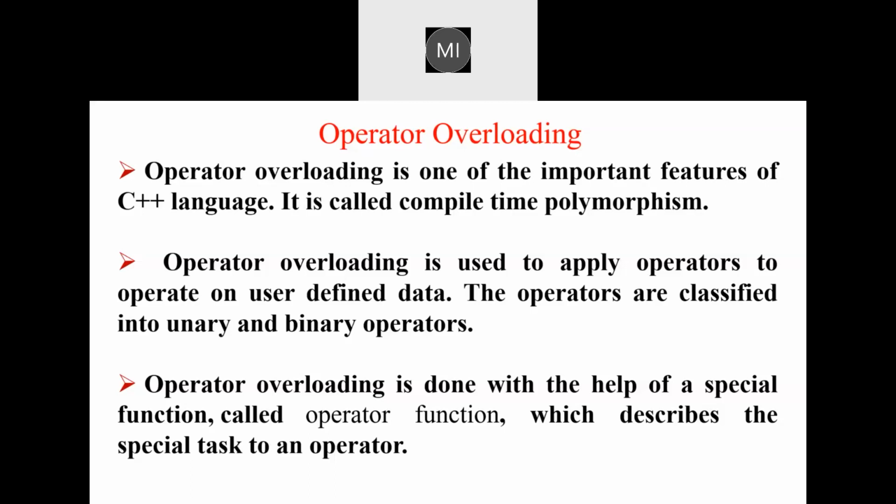But apart from those basic operations, it can also perform some other operations. That means the same operator is being used for some other task. That is the role of polymorphism. Now we will see how it works and how different kinds of operations can be performed with the help of the operator.